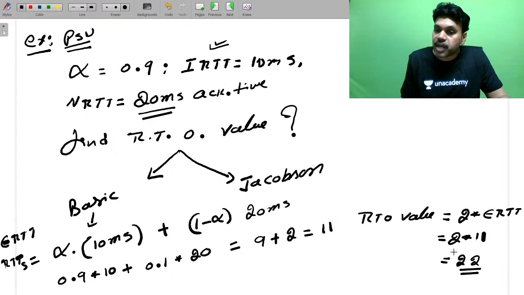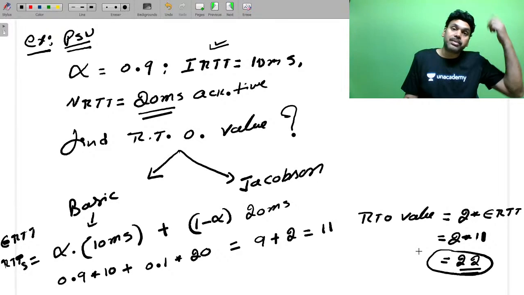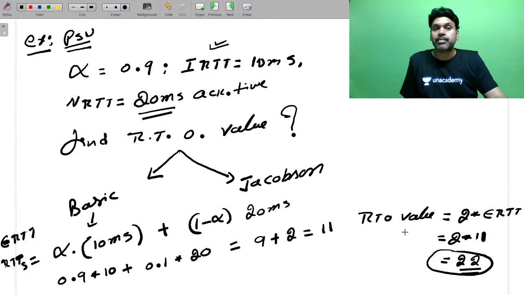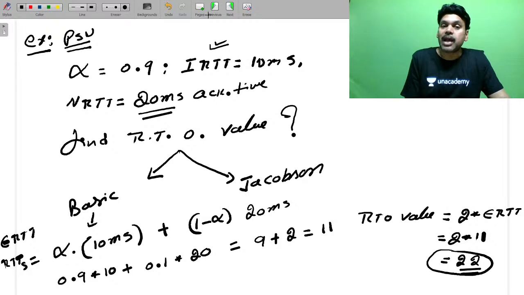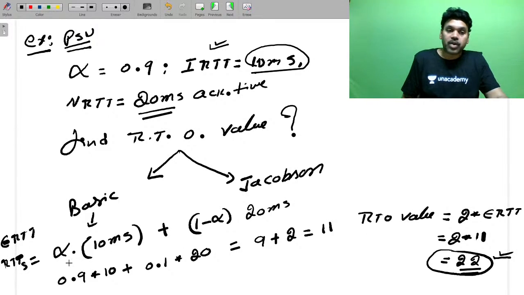And now this timeout value is going to be the initial RTT for the next segment. Clear? Now what will happen? For the next segment, your initial RTT is not 10 ms. It is not 22, it is your ERTT value. What is the ERTT value? Here it is 11.